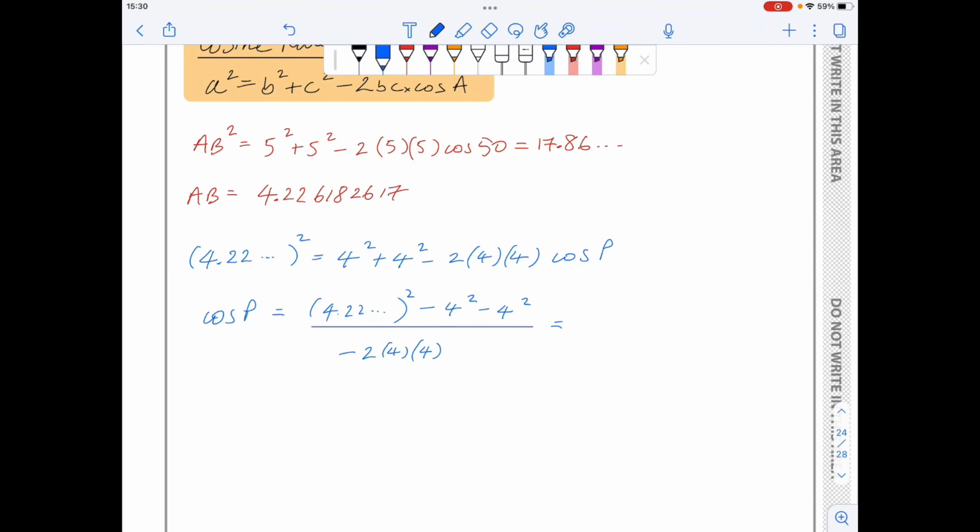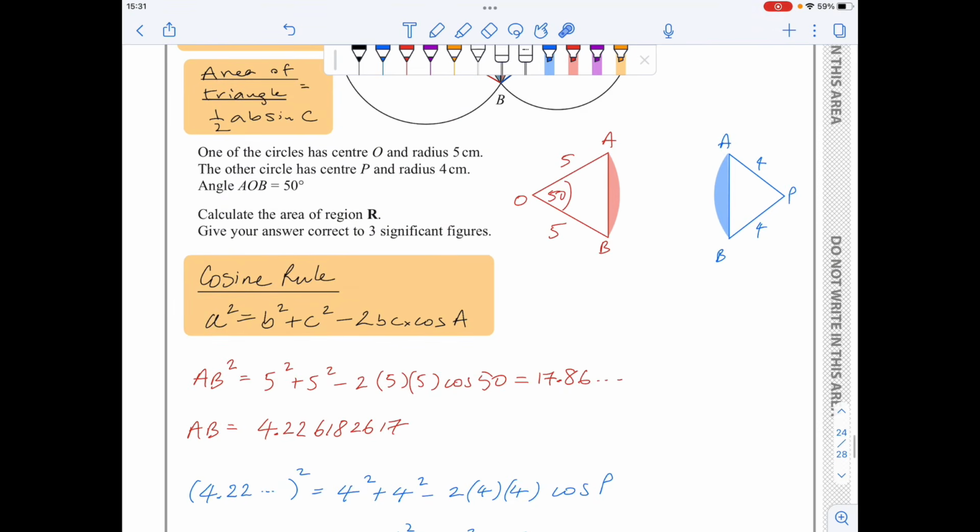This comes out to be 0.4418 and so on. So P is the inverse cos of this number, which comes out to be 63.777666166.